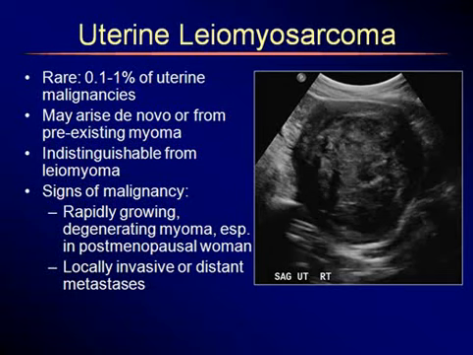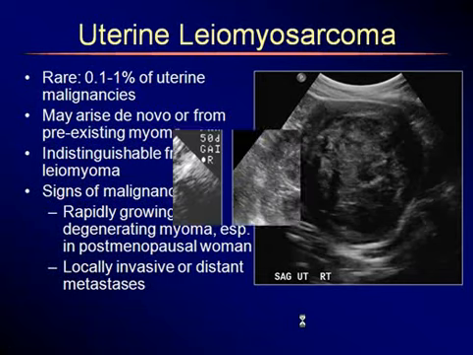Postmenopausal women tend to shrink their myomas. If it's a postmenopausal woman and the myoma is getting larger or degenerating, then one has to consider the presence of a leiomyosarcoma. They're locally invasive, and of course they metastasize.